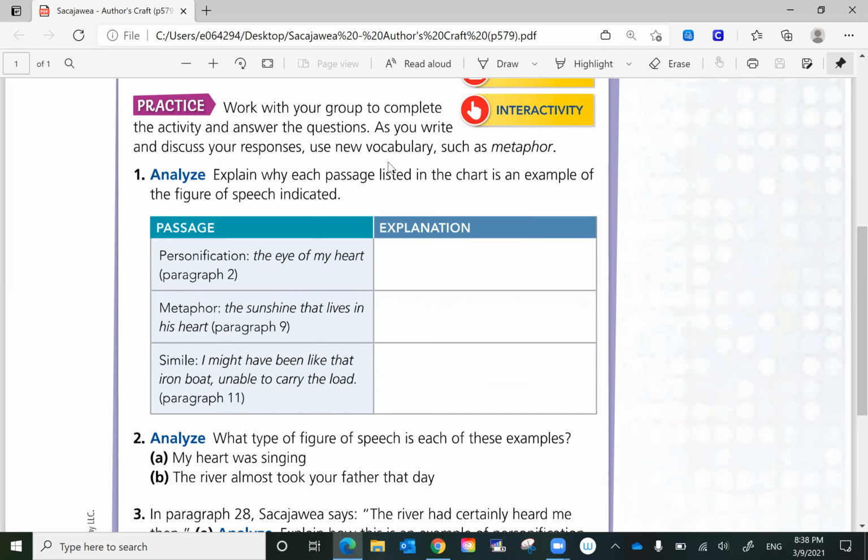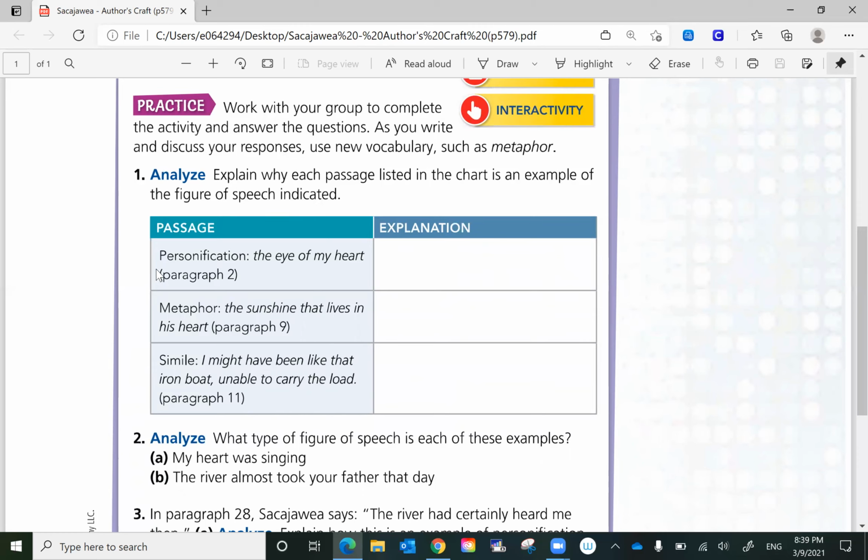If it's giving you an example of personification, this is an example of personification because however you want to fill that in. Okay. So for number one, it says analyze, explain why each passage listed in the chart is an example of the figure of speech indicated. All right.